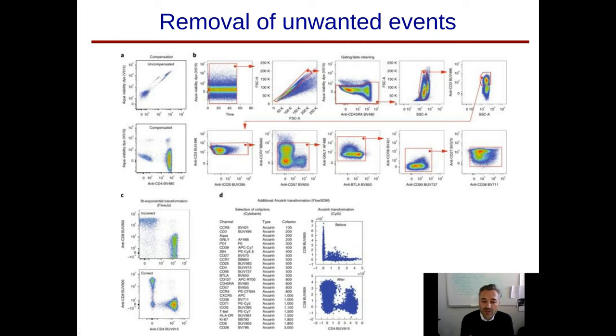and computationally analyze those. But it's important to remove all the cells that we're not interested in and all the cells that can be a source of artifact, because if you have spurious events, for example, due to antibody aggregates, they generally look undercompensated, but you shouldn't worry about the compensation of those because they just follow their own rules, and so you should remove those and not have them in your final analysis.